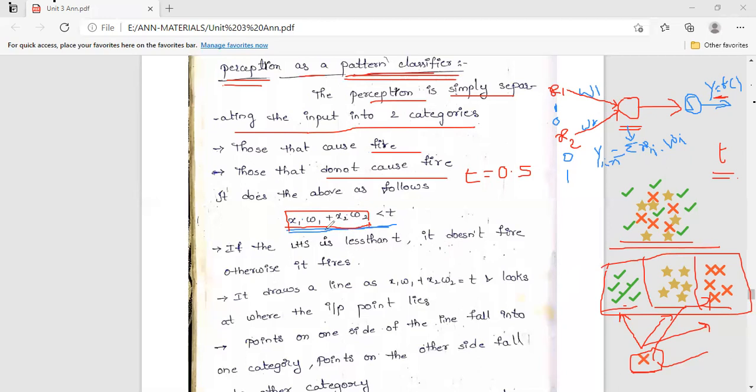If it is greater than the target value, then the inputs are fired.